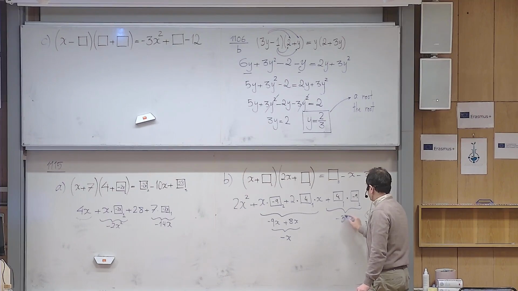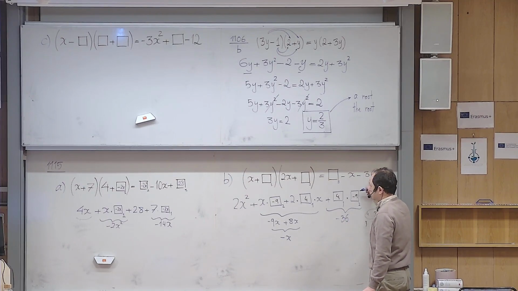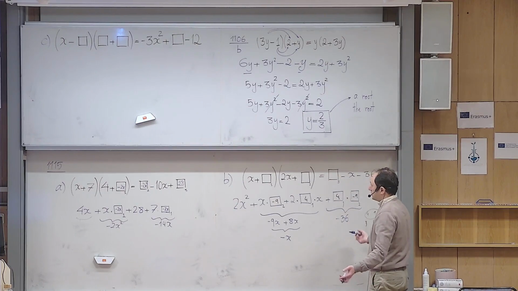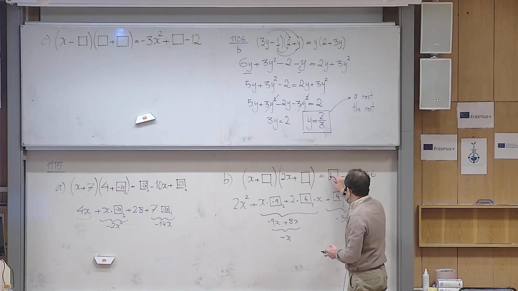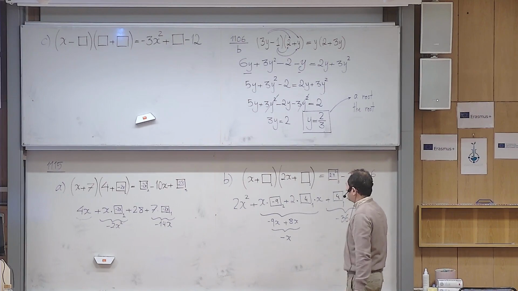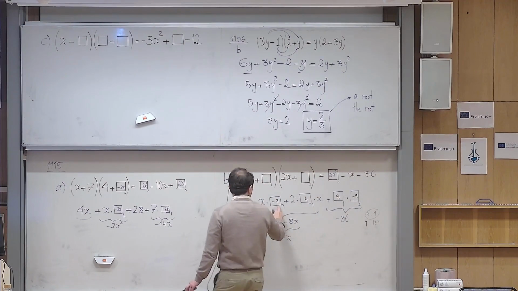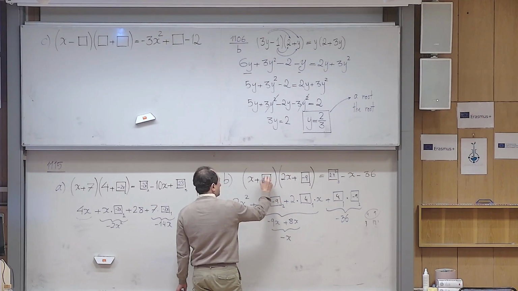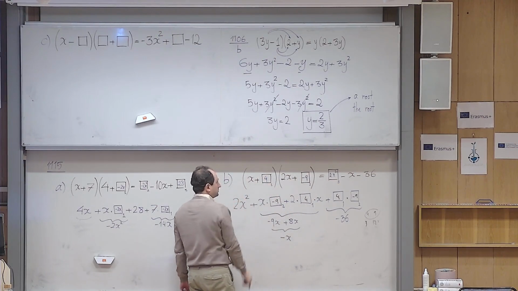Minus 36, and that is also good. Then it means that what should I write in this box? 2x squared. So far, so good. Everything works. So I put 2x squared here. Box number 2 is minus 9. Box number 1 is 4.